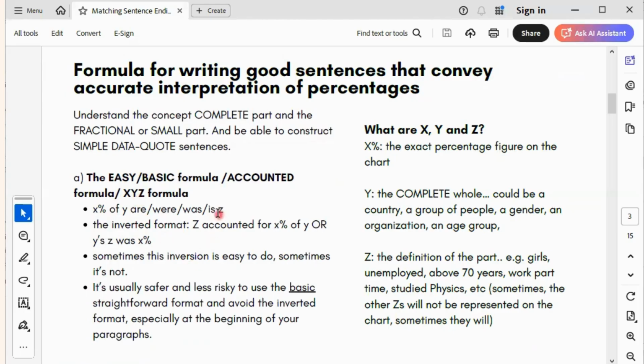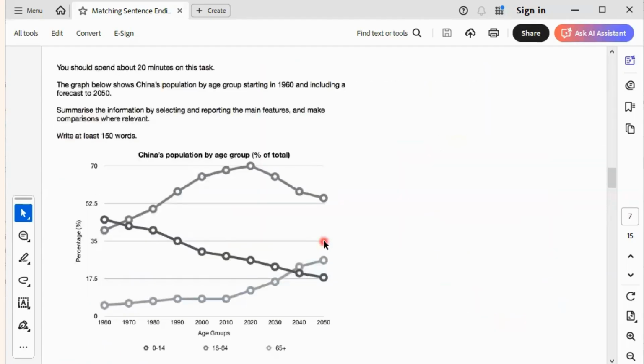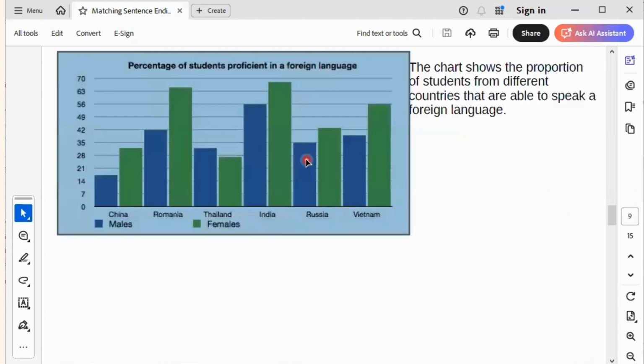When you invert the sentence, you introduce this word, accounted for. Look at it here: Z accounted for X% of Y. Z accounted for what? X% of Y. Let's use that bar chart.